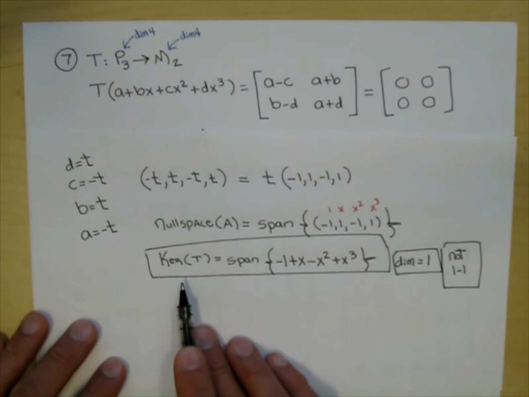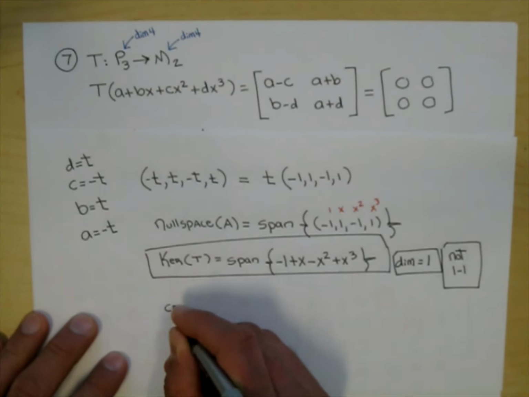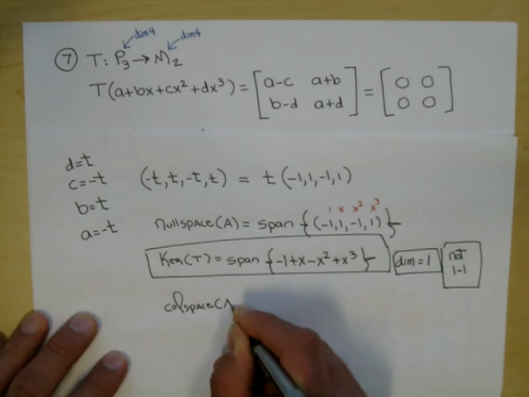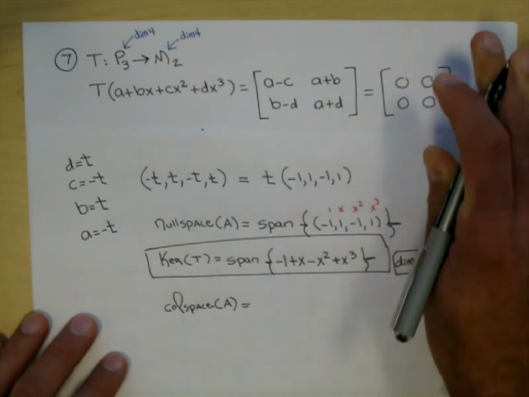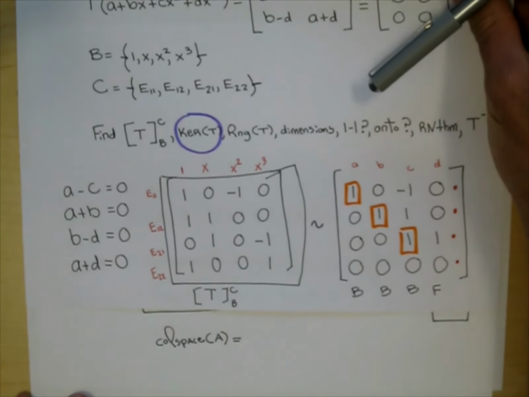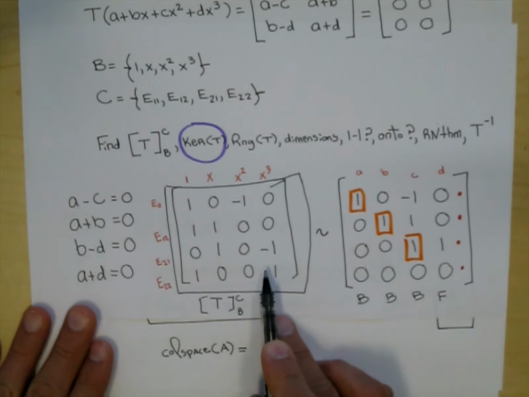So 3 is going to be the dimension of the range. To find the range, I'm going to find the column space of A. Okay, so we come back over here, put that under there, and here is A. We're trying to find the column space.